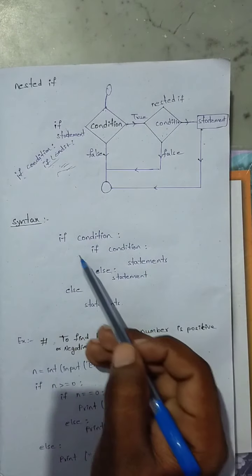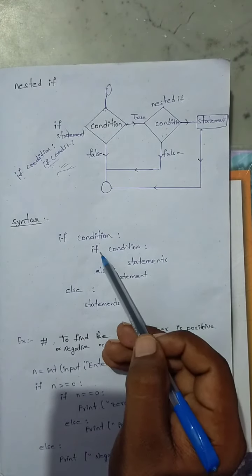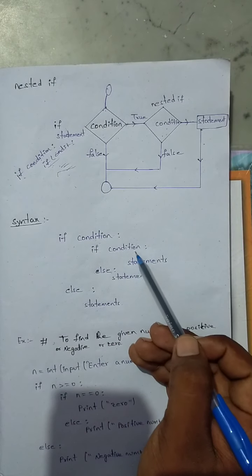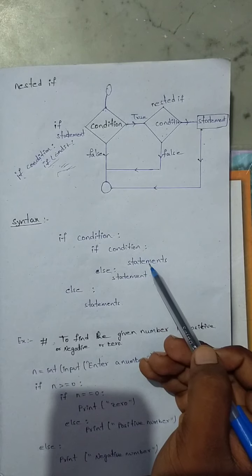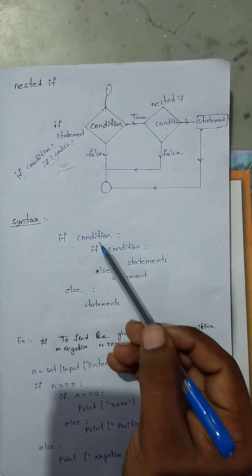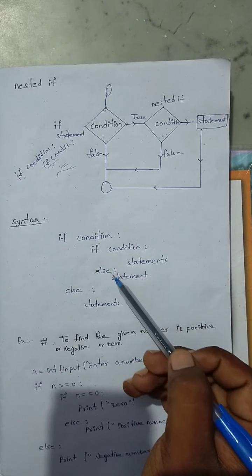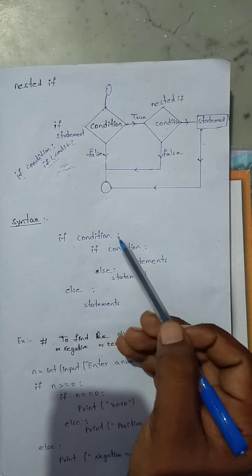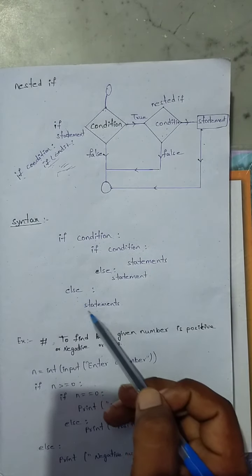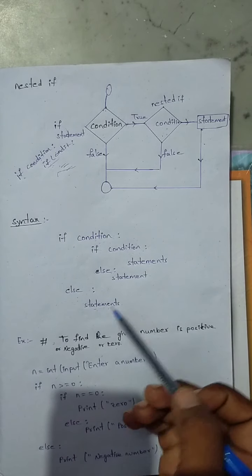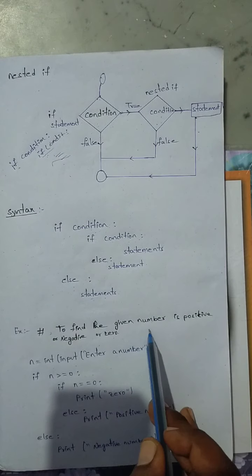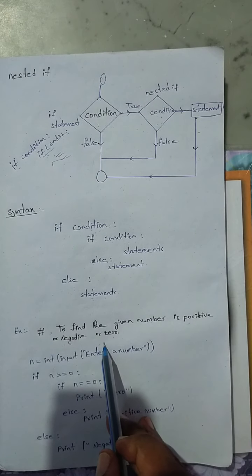Okay. Syntax: if the condition is true, then execute the inner if condition, and if that if condition is also true, then the statements will be executed. If the condition is false, then the else block statement will be executed. If this inner if condition is false, then the else condition is executed. Okay. Example: find whether the given number is positive, negative, or 0.